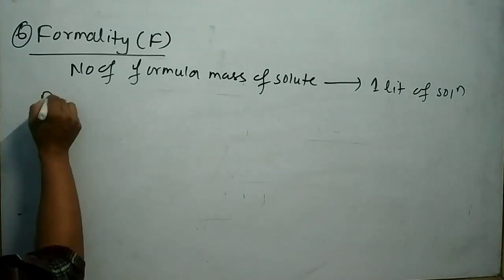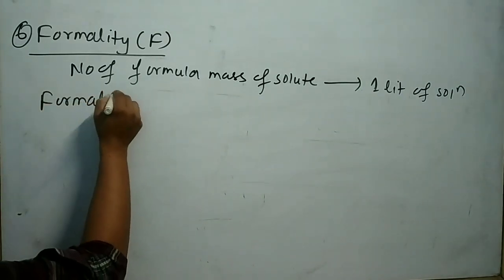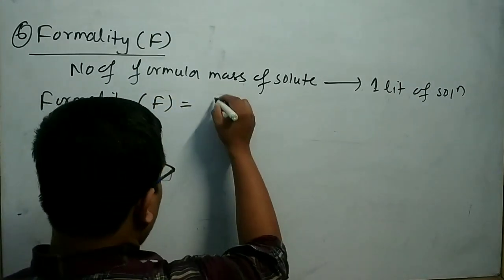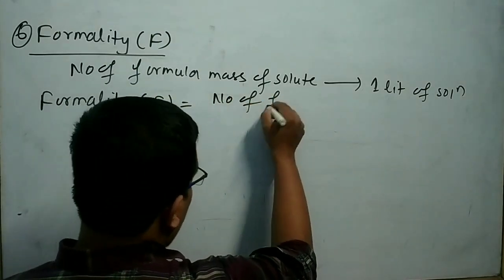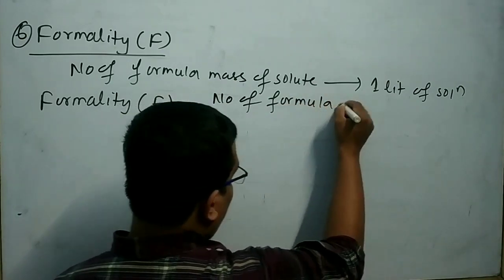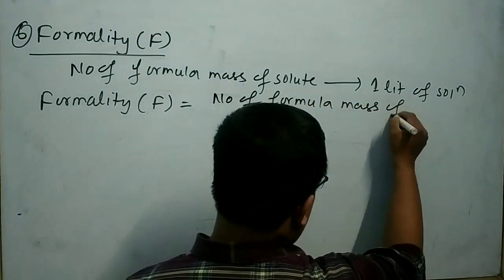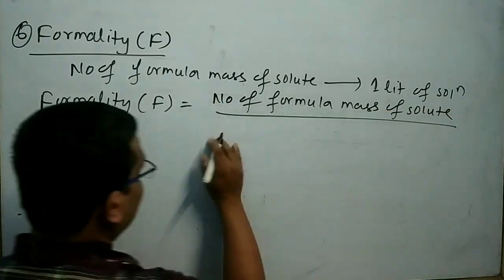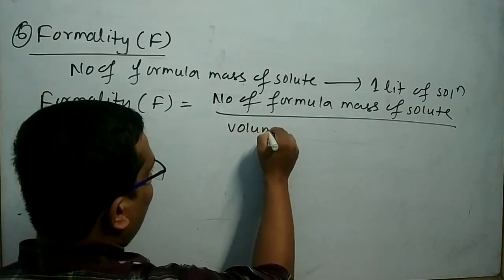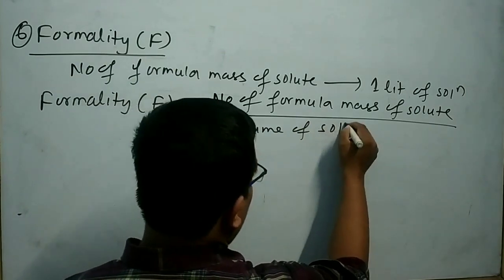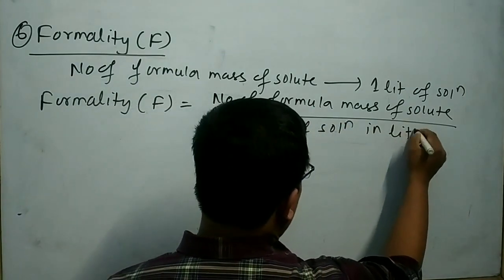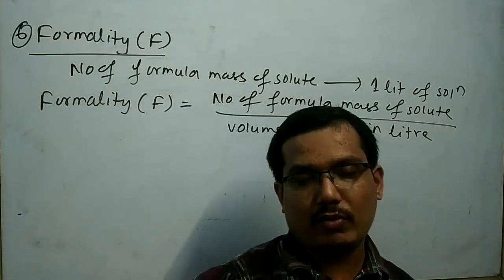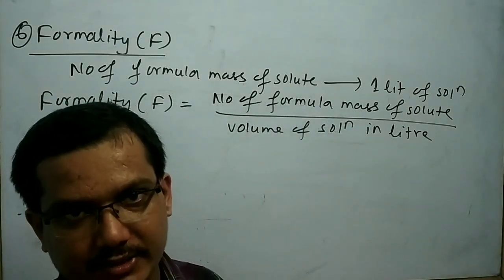Mathematically, I can write formality F equal to number of formula mass of solute divided by volume of solution in liter. In most cases, formality is equal to molarity.